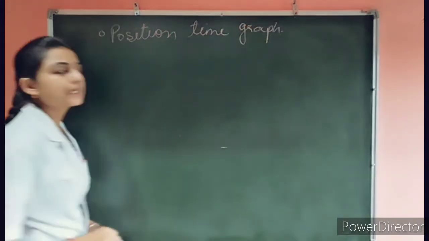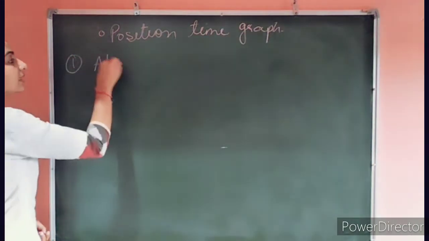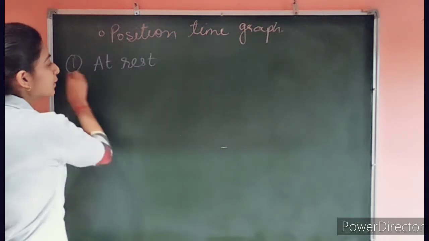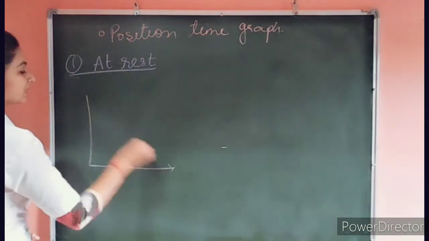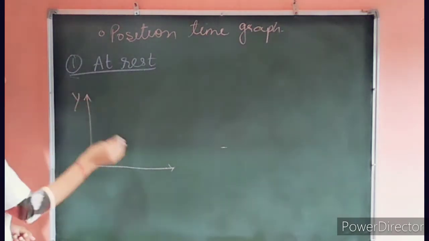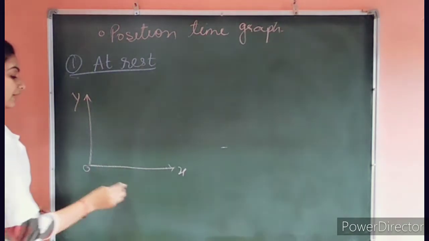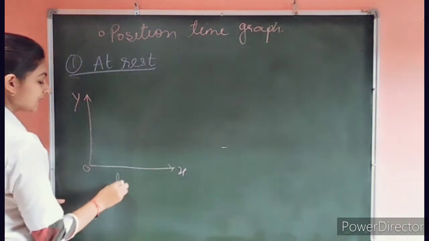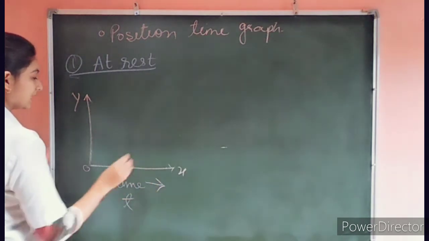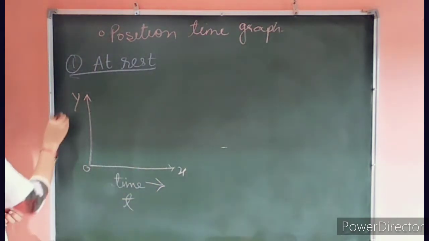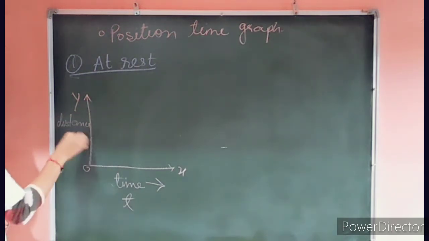In the position time graph, first we will see when the object is at rest. This is our y-axis and this is our x-axis. In the x-axis we have considered time, that is t, and in the y-axis we have taken distance, that is x.